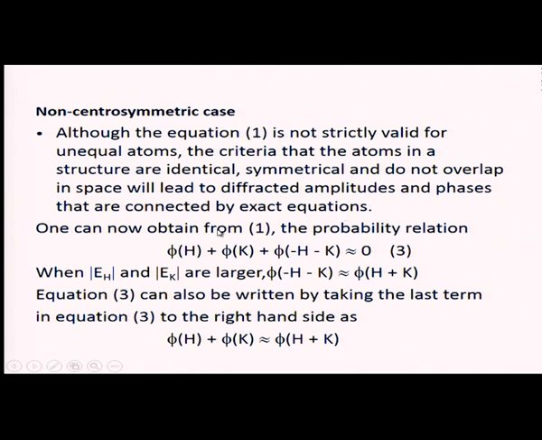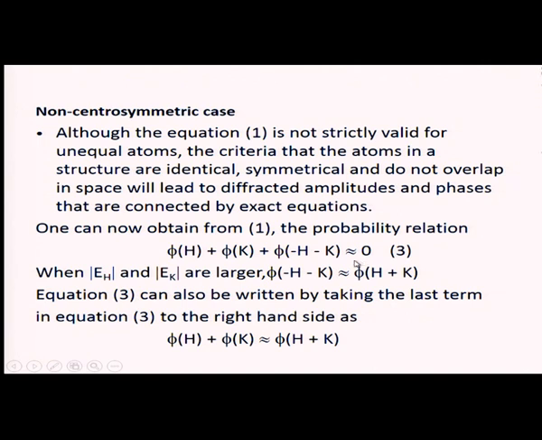Now, from the Sayre's equation 1, we can get an equation in terms of phases, namely phi of h plus phi of k plus phi of minus h minus k is nearly equal to 0, right.